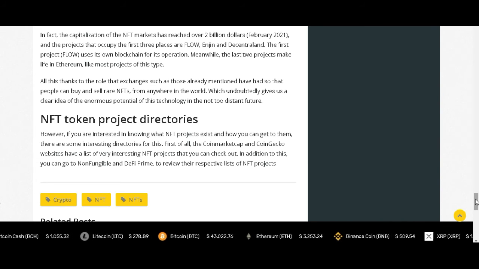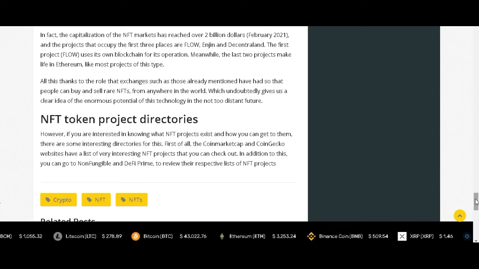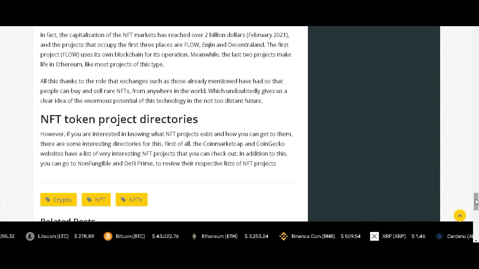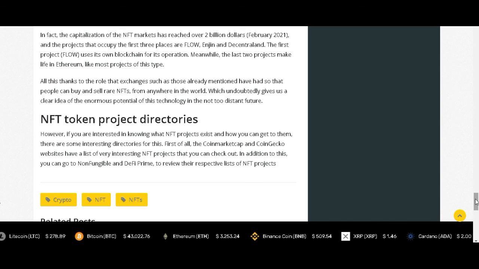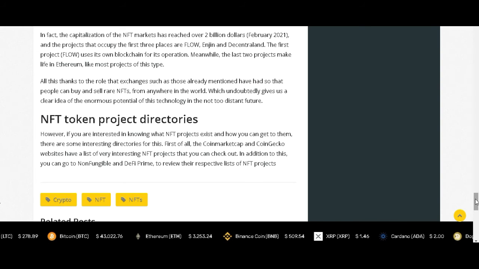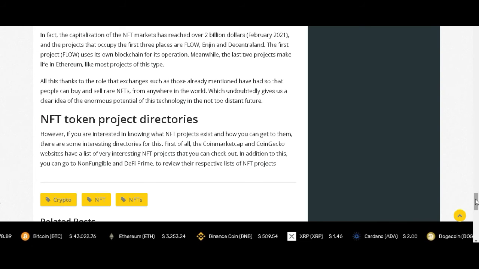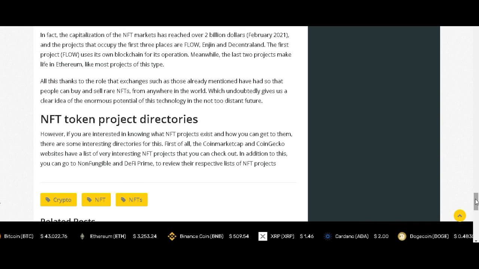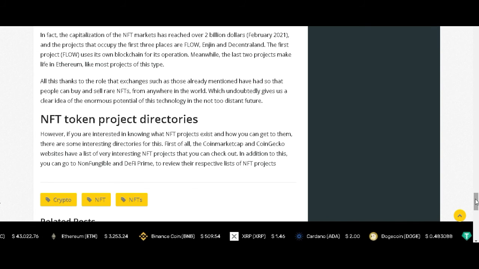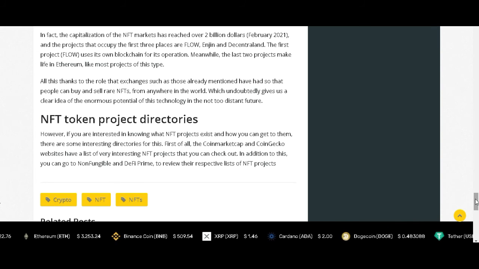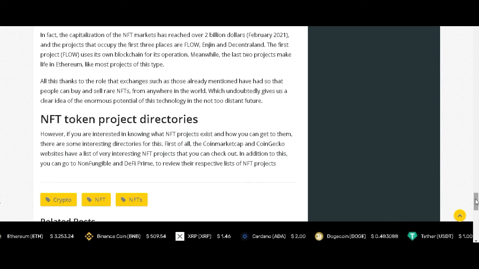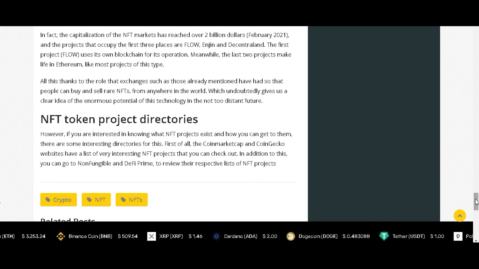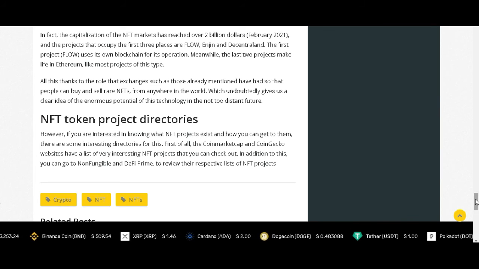Meanwhile, the last two projects live on Ethereum, like most projects of this type. All this thanks to the role that exchanges such as those already mentioned have had so that people can buy and sell rare NFTs from anywhere in the world. Which undoubtedly gives us a clear idea of the enormous potential of this technology in the not-too-distant future.